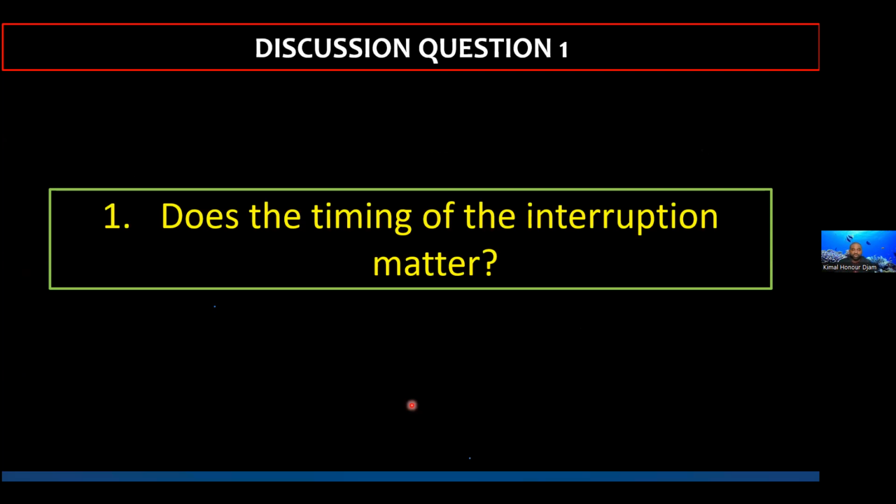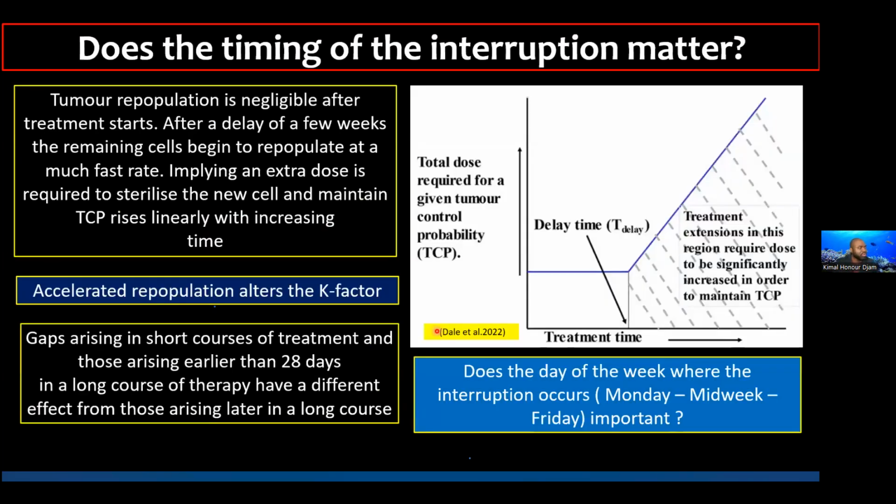Now, there are a few more important questions that I want to answer here. Does the timing of the interruption matter? Obviously, it matters. If the interruption occurs within the lag time, we can typically compensate for the gap either using weekend treatments or BID.